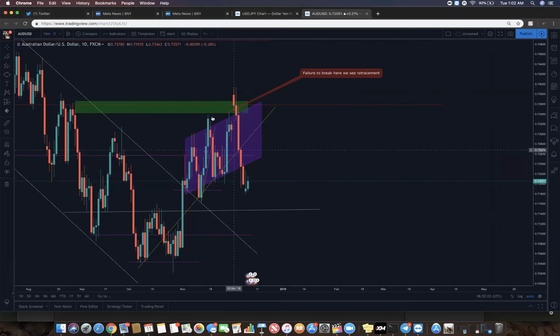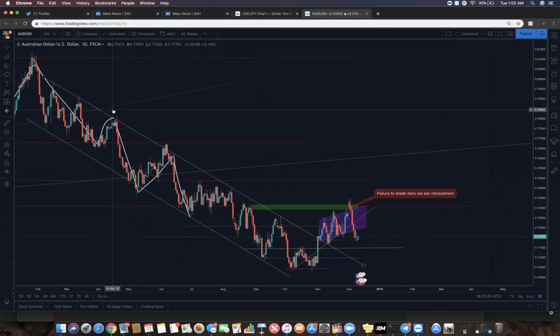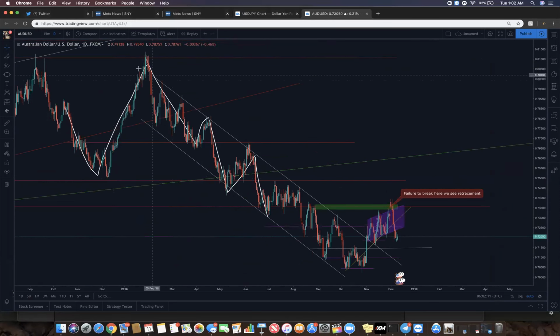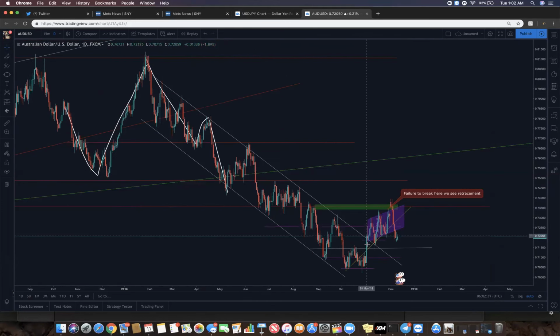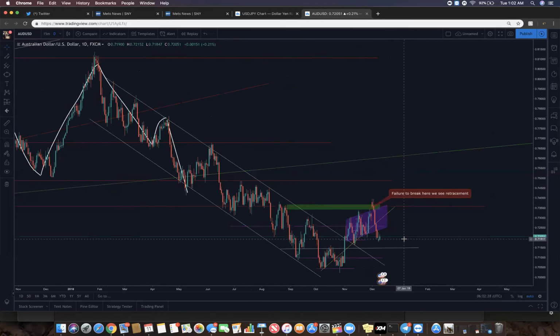So that comes into play with not only the market failing to break this price area right here where I drew that similar box, but if you look at it, the market was in this downtrend here. And it was ranging within this channel for so long, right? That when it broke out of it, what does the market have to come back and do, Shadi? Retest. There we go.